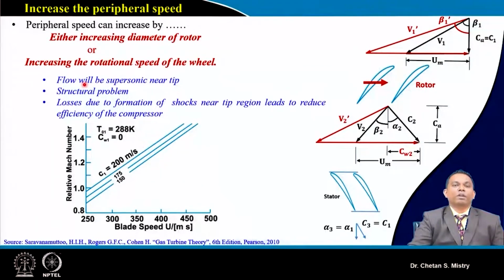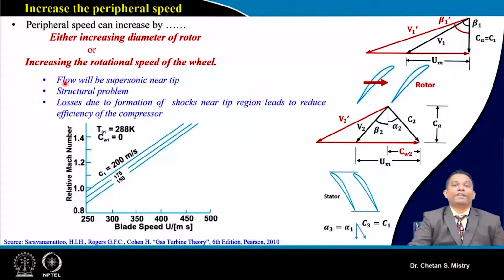Now our demand is moving towards high per stage pressure ratio. That means we cannot stick with what we are discussing at this moment. The research and development activities need to be carried out. So this was the thought process during the 50s and 60s.